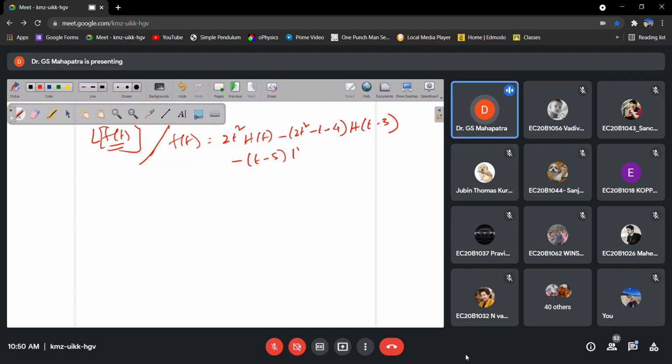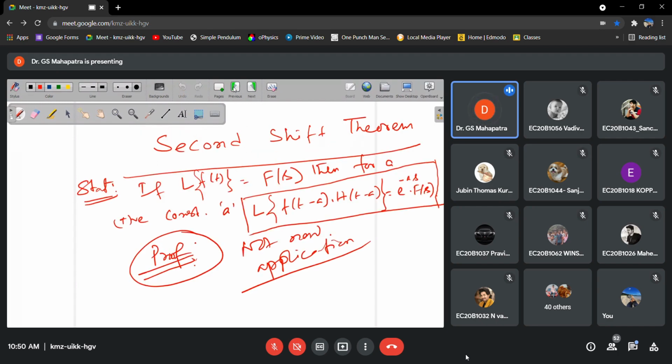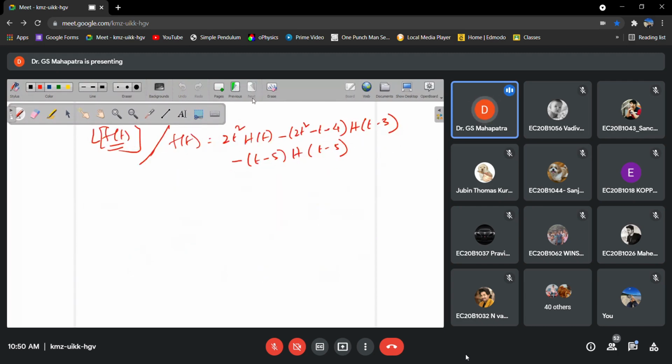Why am I writing it this way? To apply this form we need t minus a, not a minus t.